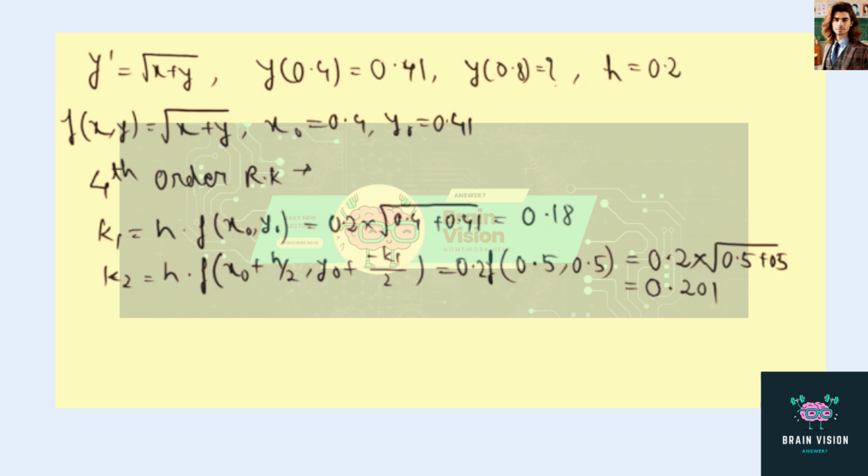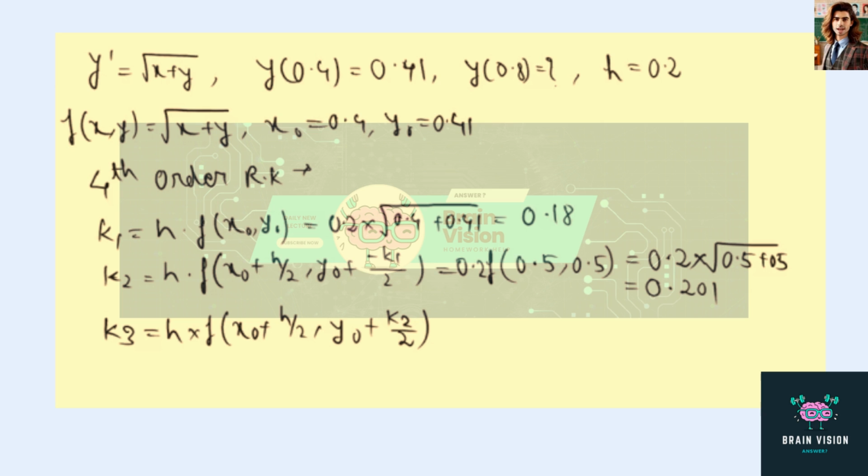Then we would have to find the value of k3 as well. So k3 would be h into f of x naught plus h by 2 comma y naught plus k2 by 2.